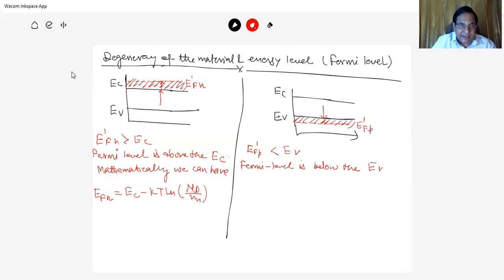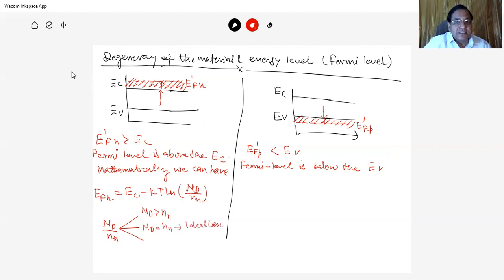So in this case, ND upon NN, the donor and the charge available, there are three cases. When ND is greater than NN, the number of dopants is equal to NN. This is the ideal case, and here it is the real case.